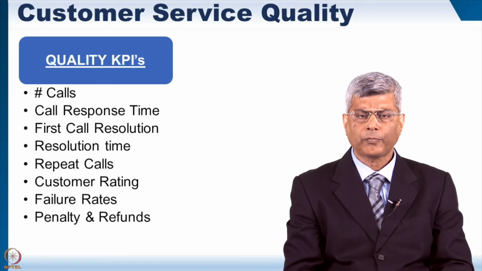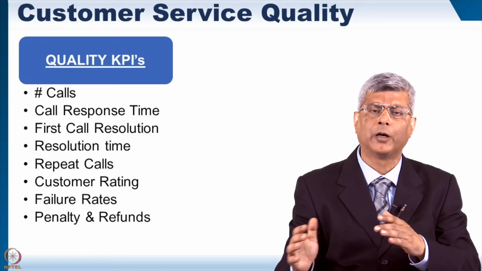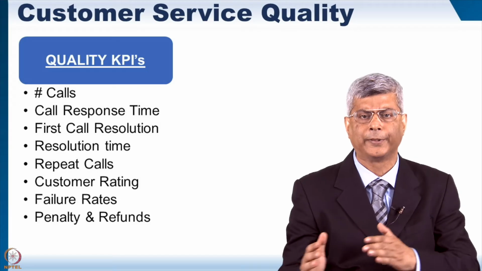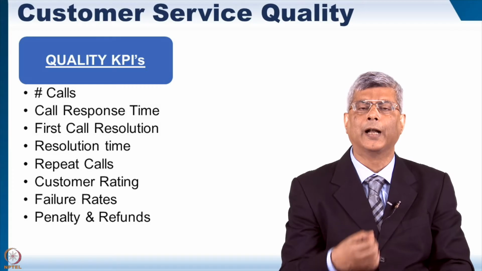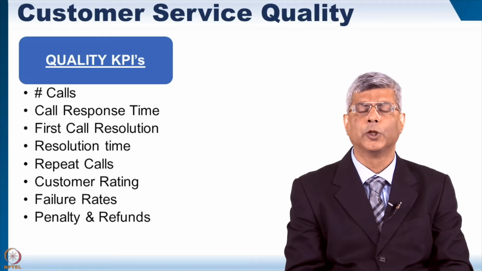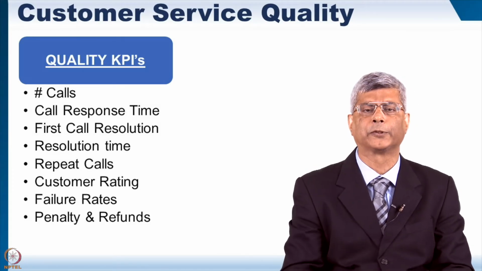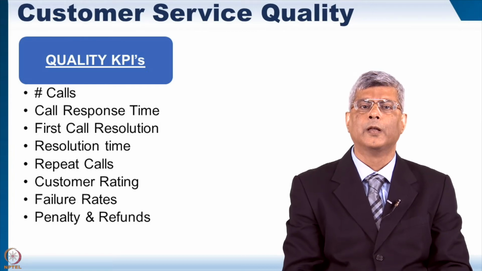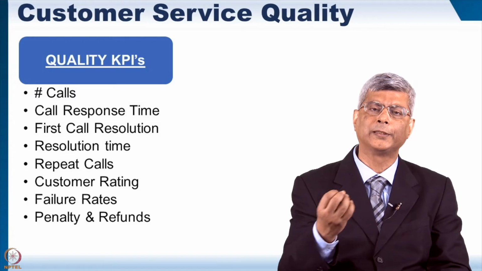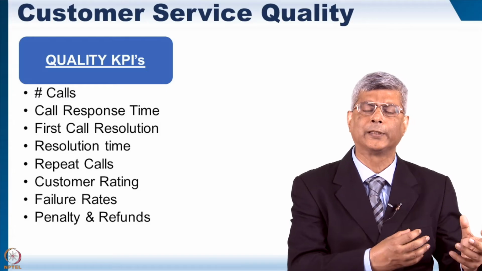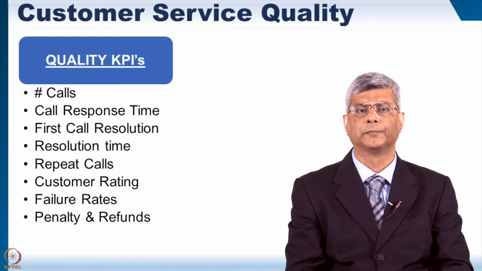Now, I give you a flavor of what is customer service delivery and how some companies like DHL are delivering good service to you. But how do companies measure their service quality? Remember, quality goes with costs. So companies are always balancing between great service but optimized costs.